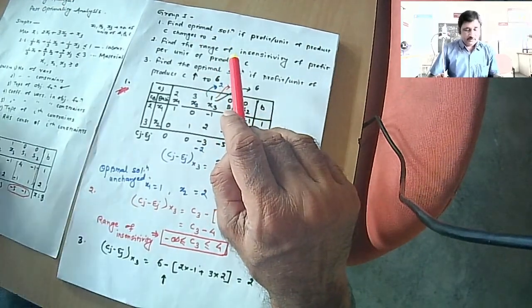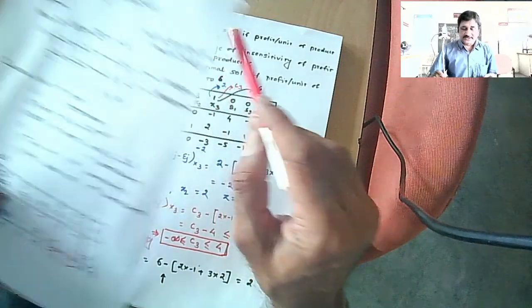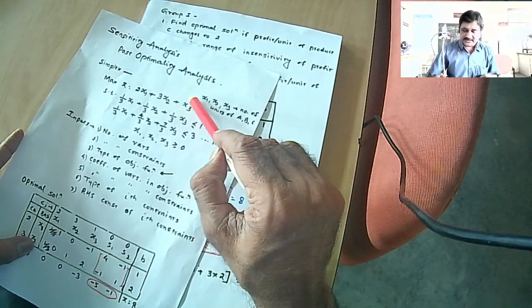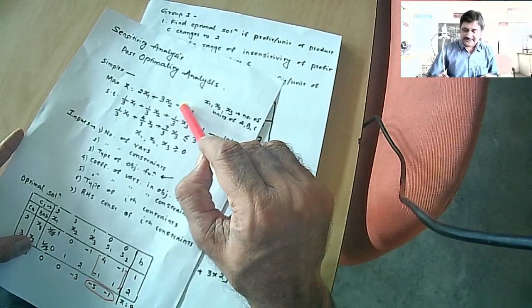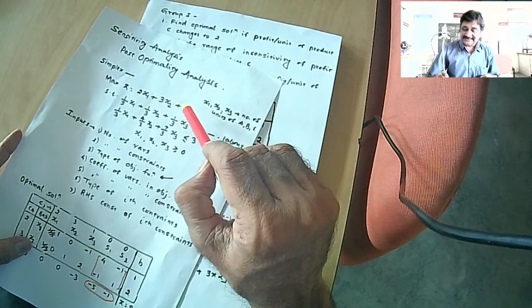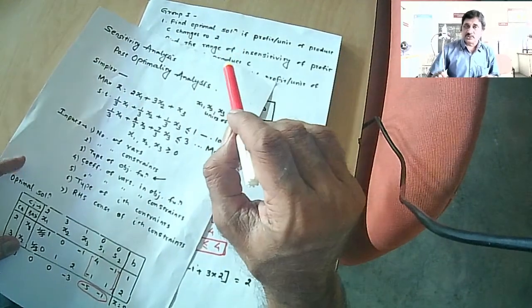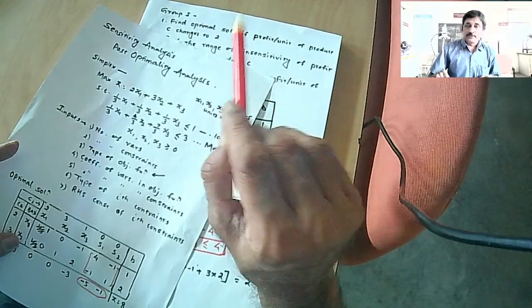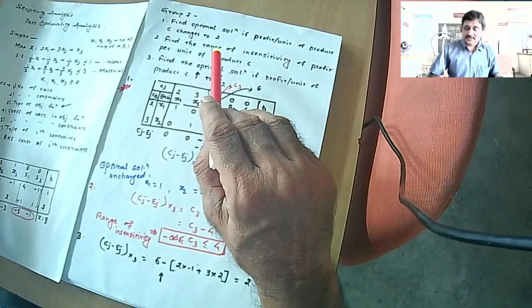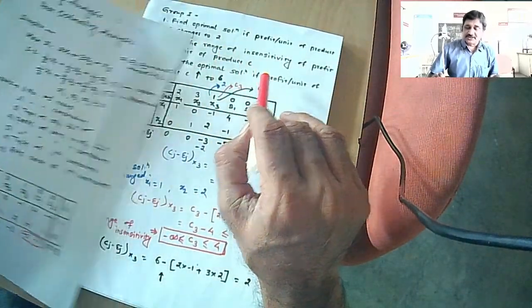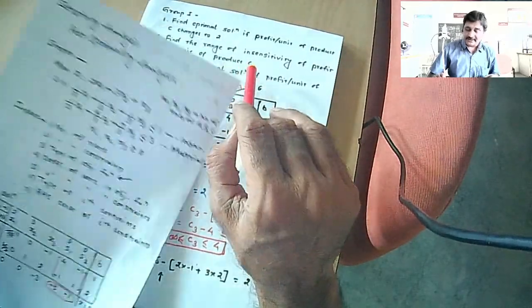Right now the profit per unit of product C, that is the coefficient of x3 in the objective function, is 1. Now that changes to 2. What will be the optimal solution? Then the second question is to find the range of insensitivity of the profit per unit of product C.